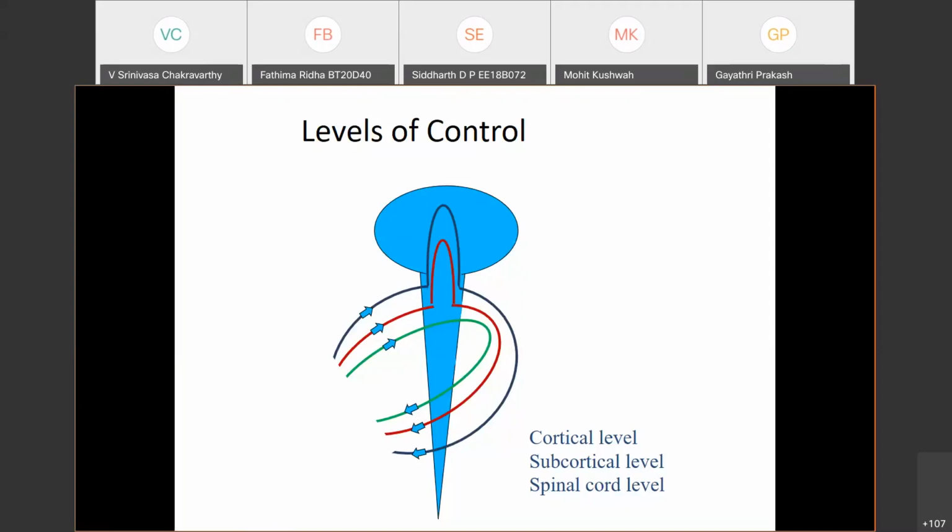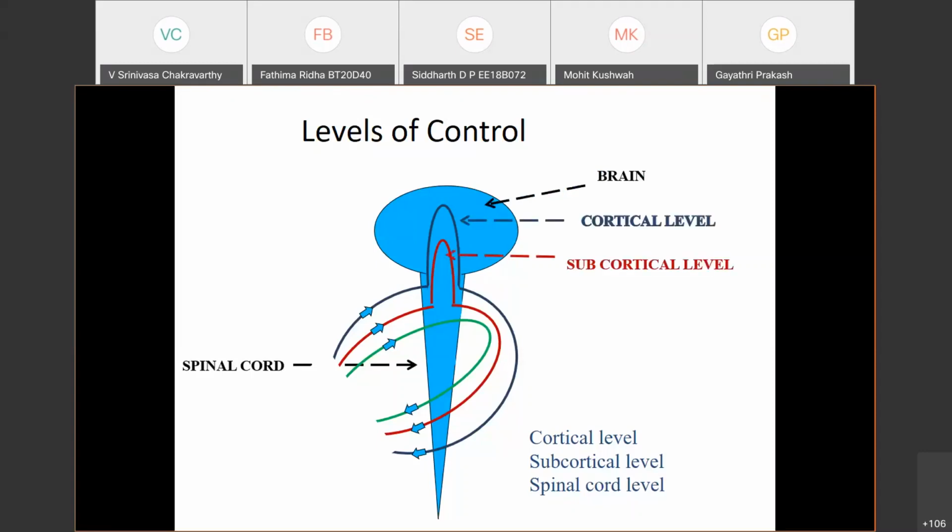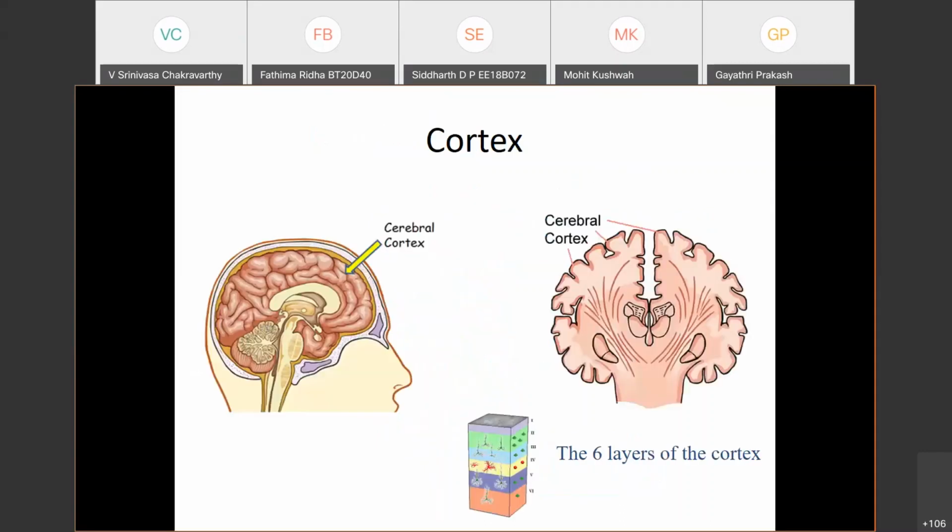But some information goes to even higher levels, to the midbrain level, and returns back. Or some information can even go higher, all the way to the motor cortex, and again come back. Those three levels can be seen here. The highest level is the cortical level. The next level is the subcortical level. And the lowest is the spinal cord level. So there are these levels.